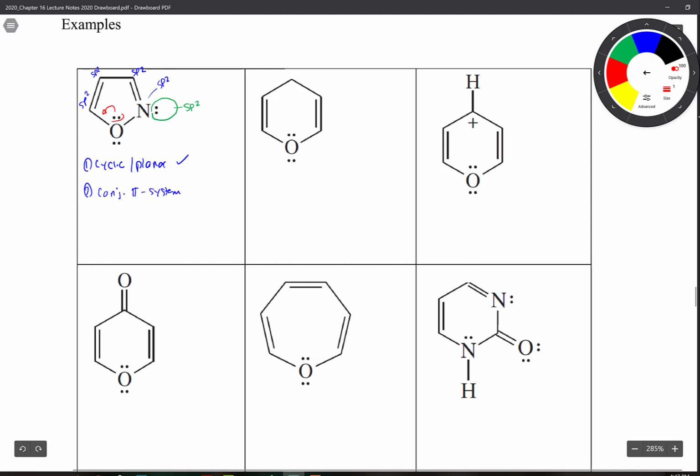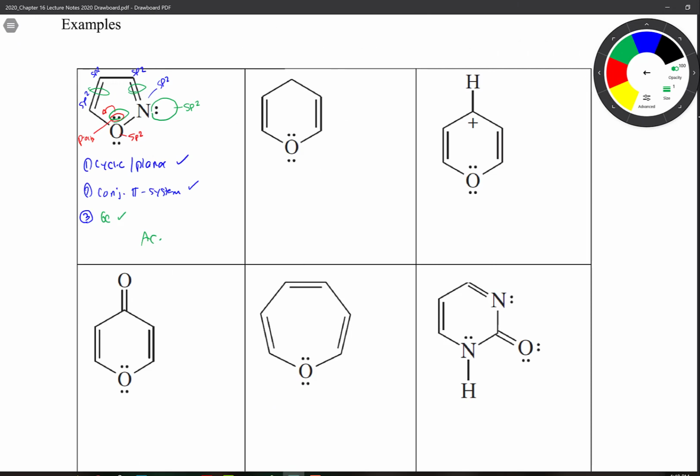So that means that one set of these electrons has to be in a p orbital, and that leaves us sp2. So this is a conjugated pi system. So what about the number of electrons? We have 2, 4, 6 electrons. That's an aromatic number of electrons.